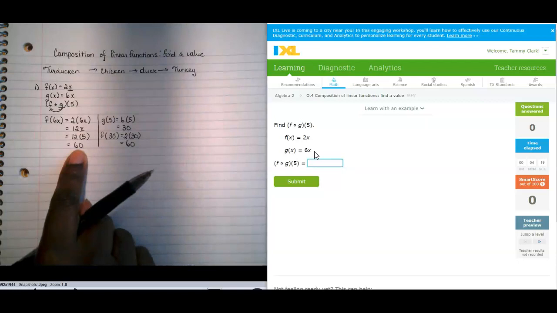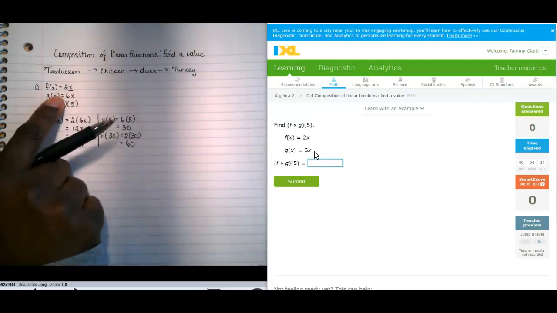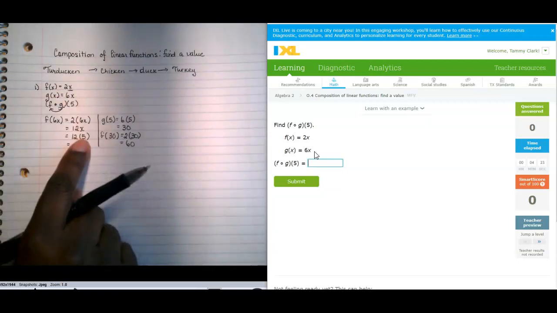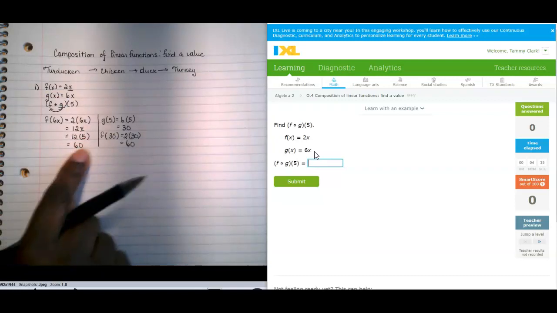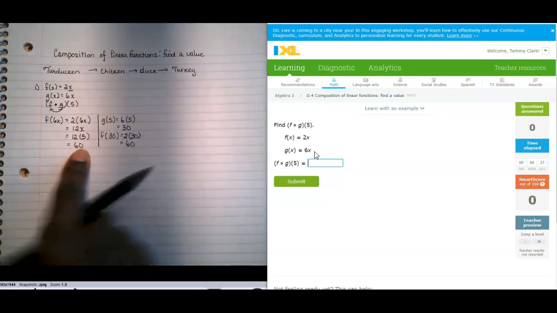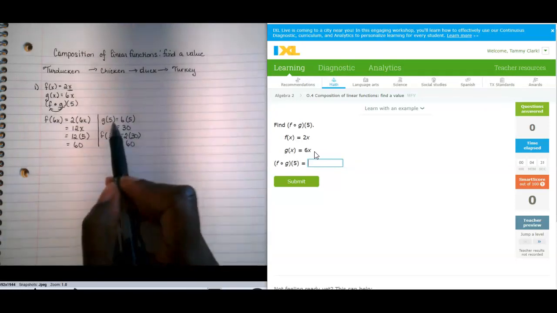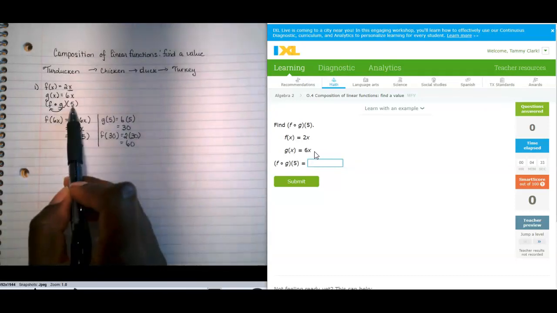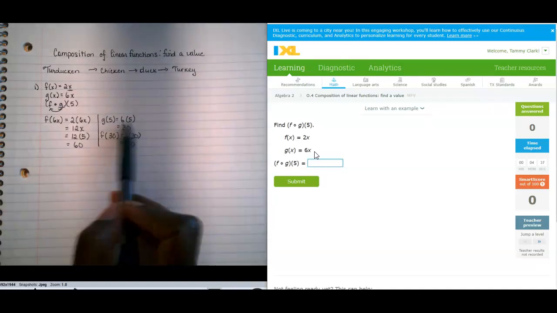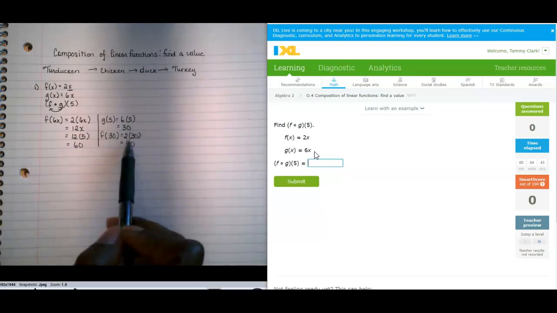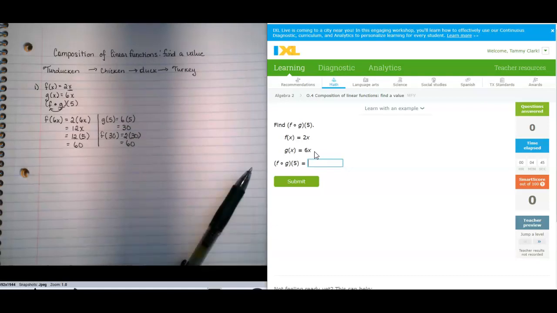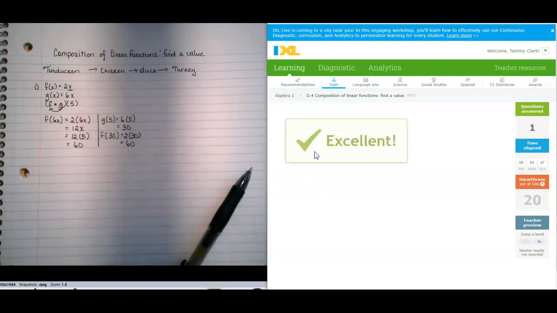So if you notice, I can compose the function first, then take the value that they're asking for, put it in, and get an answer. Or if I prefer, I can evaluate the inside function for whatever the value they're asking, in this case 5, get an answer, take that answer and put it inside of the first function. So our answer here would be 60.